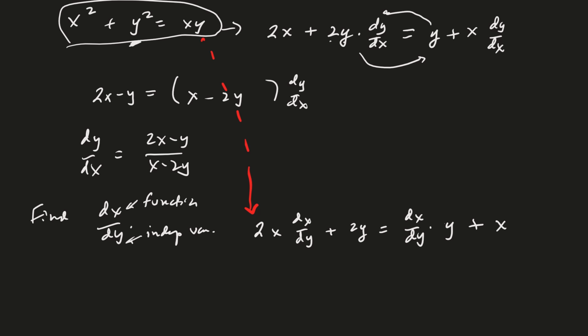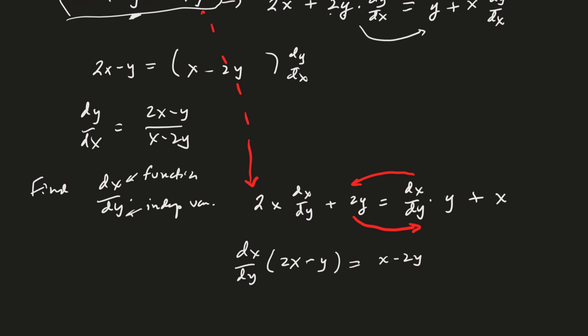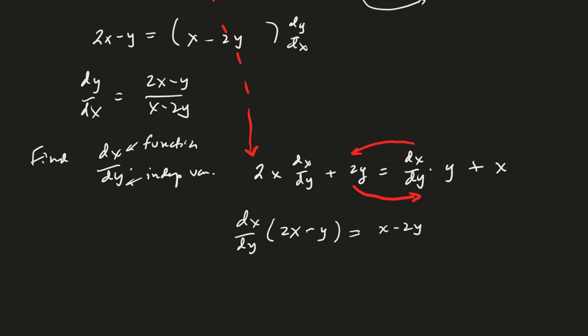And now we'll bring over the dx over dy terms to one side and the other terms to the other, and we will solve. So if I factor out the dx over dy, it looks like I'm going to have 2x minus y equals x minus 2y. And so if we solve, then we get x minus 2y over 2x minus y.